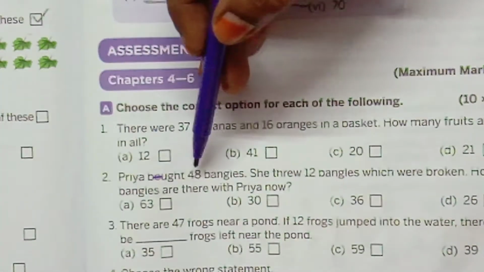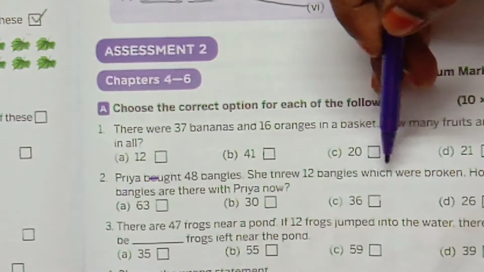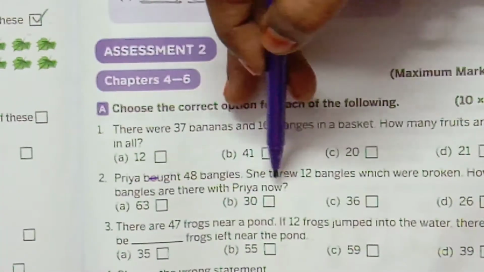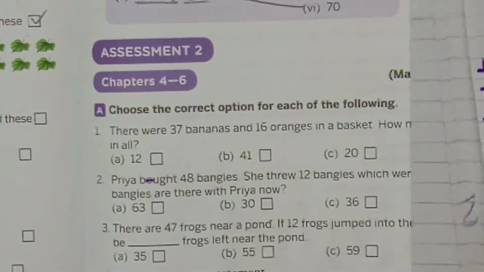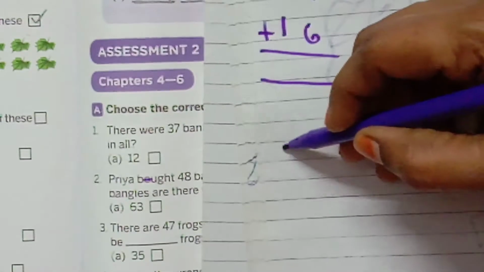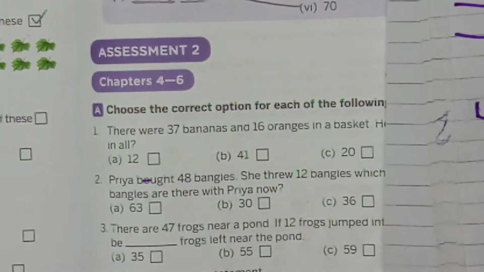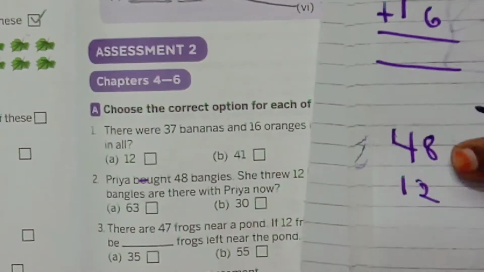Priya bought 48 bangles. She threw away 12 bangles, which were broken. How many bangles are there with Priya now? First of all, Priya bought 48 bangles. How many bangles did she buy? 48 bangles. But see, 12 bangles she took from 48.